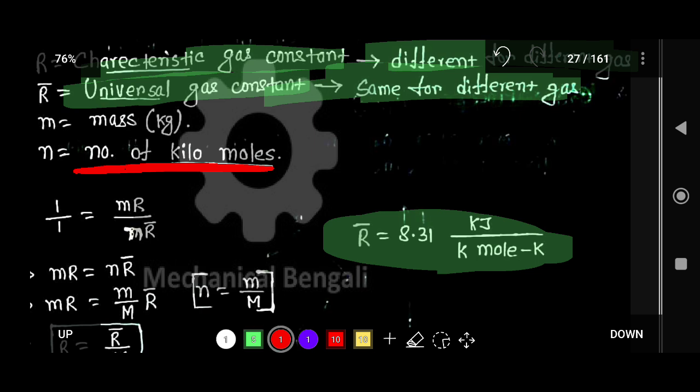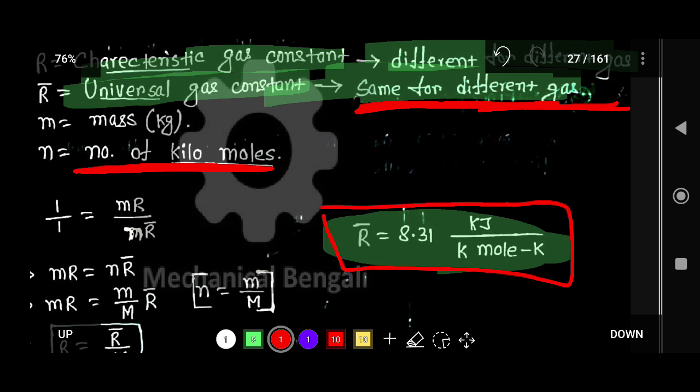Means the universal gas constant is the same for different gases. So remember this data: R bar equal to 8.314 kilojoule per kilomole Kelvin. So remember this unit, that is kilojoule per kilomole Kelvin.